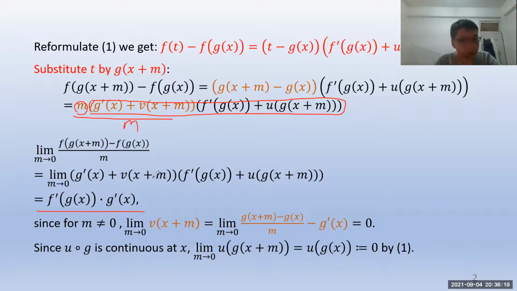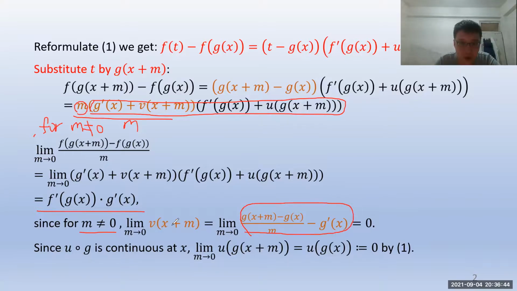We have to note here that for m not equal to 0, the limit as m tends to 0 of mu(g(x) plus m) is equal to the limit as m tends to 0 of this term.